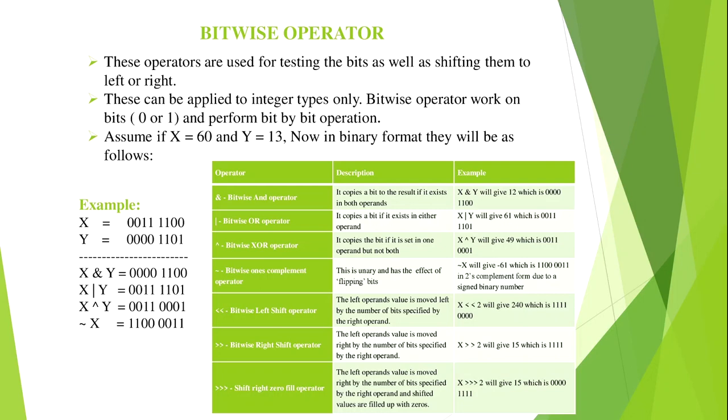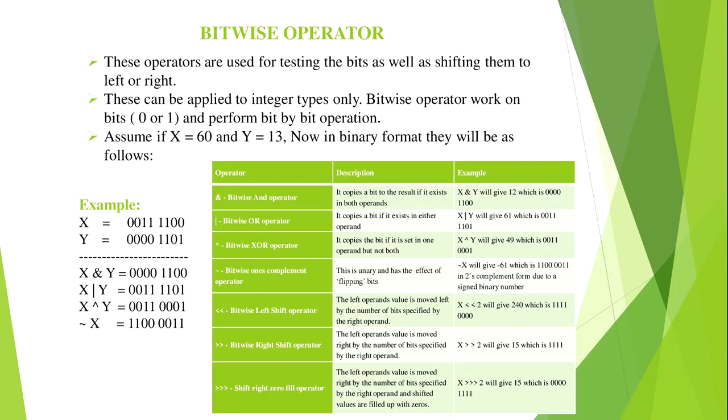The table shows the various bitwise operators: the bitwise AND operator, bitwise OR operator, bitwise XOR operator, bitwise ones complement operator, bitwise left shift, bitwise right shift, and shift right zero fill operator, along with its description and the example.